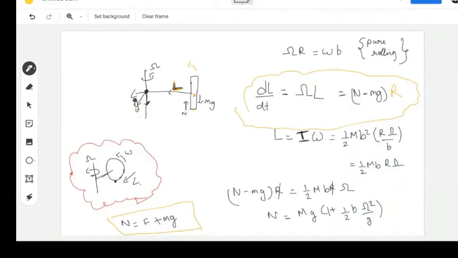Some force over here which has its component F downwards, let's say, and F towards the pivot, and due to that normal is greater than mg, which is causing a torque in this direction. But since the disk is spinning, instead of rotating in this way, it rotates in this way. So yeah, that's pretty much it.